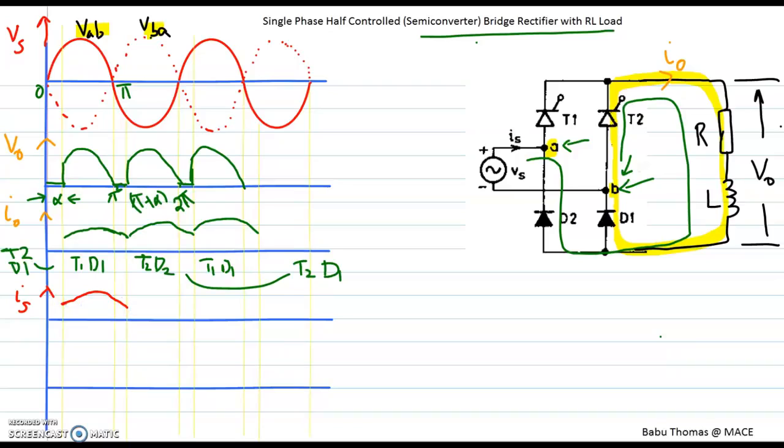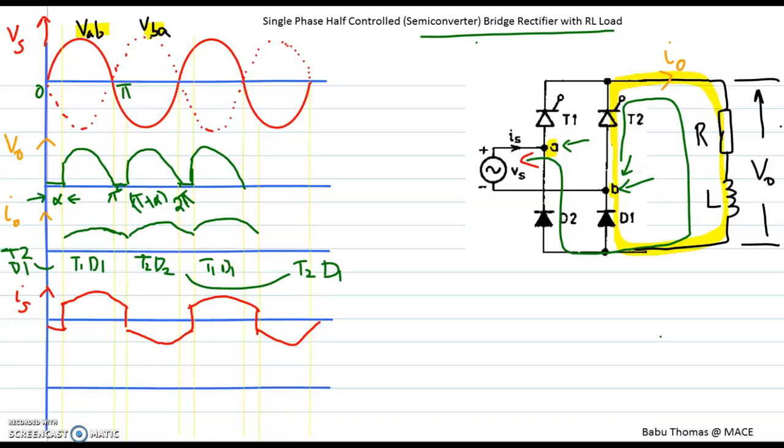And then during the negative half cycle, the direction is opposite like this, and therefore I can plot the source current in the opposite way of your load current I0. So that will be continuing.